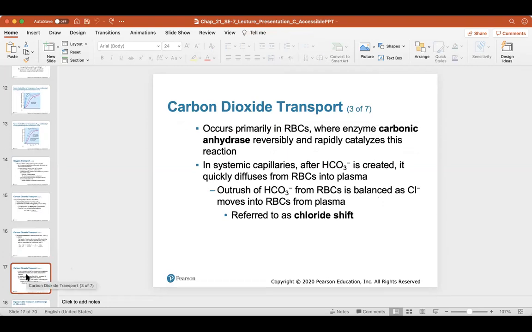It occurs primarily in red blood cells where the enzyme carbonic anhydrase will reversibly and rapidly catalyze this reaction. And in your capillaries, the bicarbonate ion will be created and it quickly diffuses from the red blood cells into the plasma. So this outrush of bicarbonate ion from your red blood cells will be balanced as the chloride ion moves into the red blood cells. And this is referred to as the chloride shift.